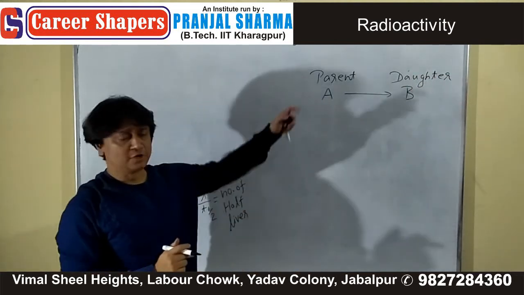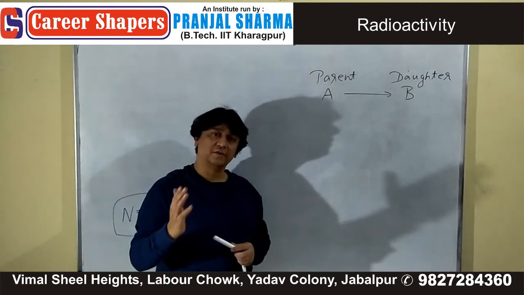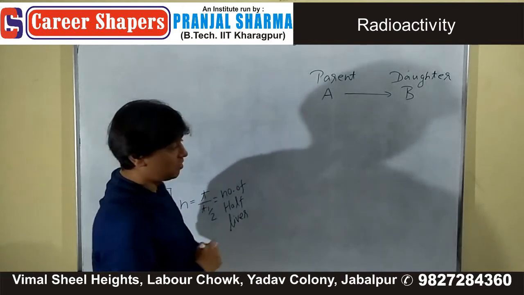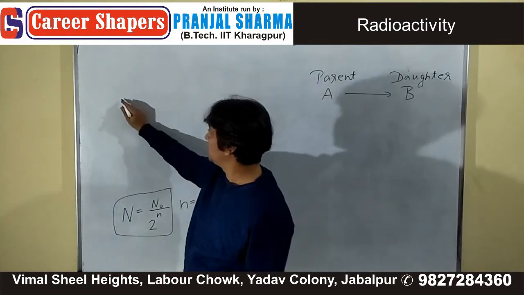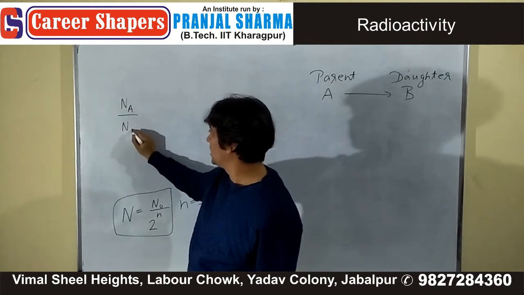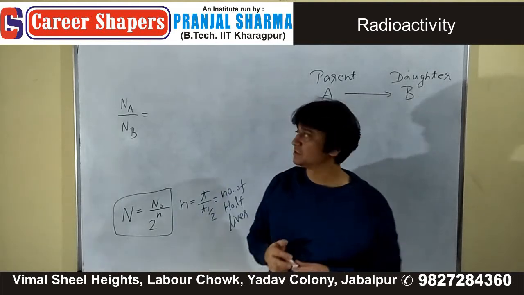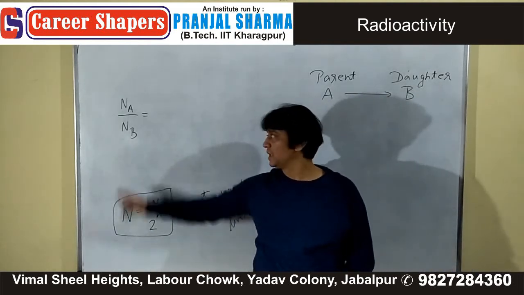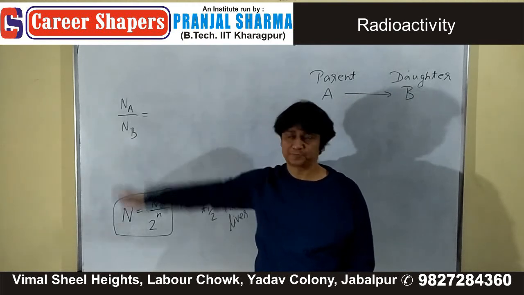A disintegrates into B. Question is, after three half-lives, what is the ratio of number of active nuclides of A with that of number of active nuclides of B? After three half-lives, find out ratio of active nuclides of A with that of B.